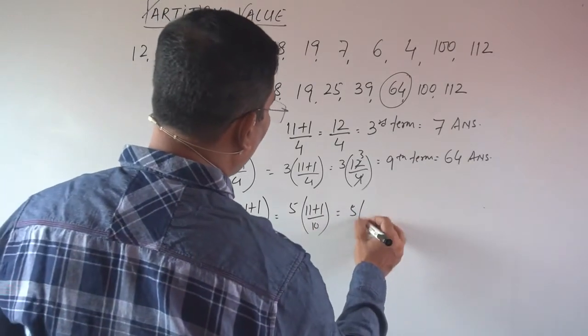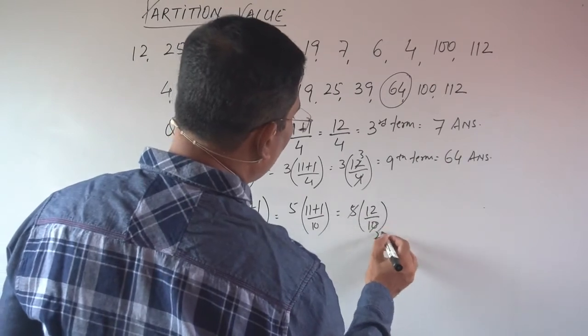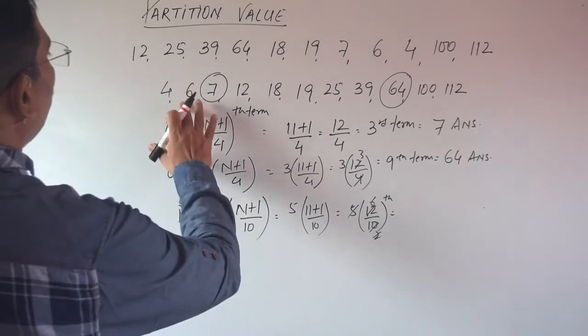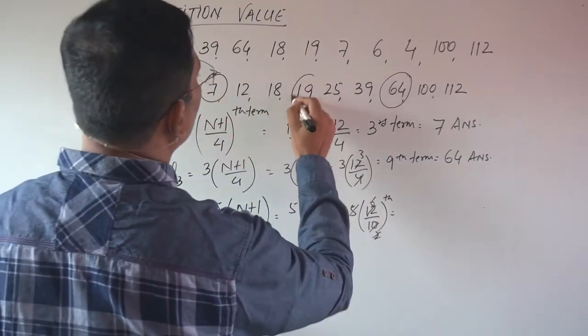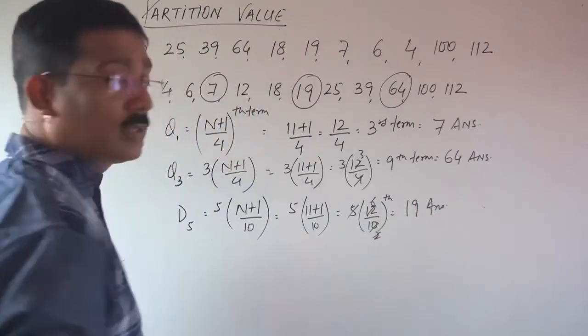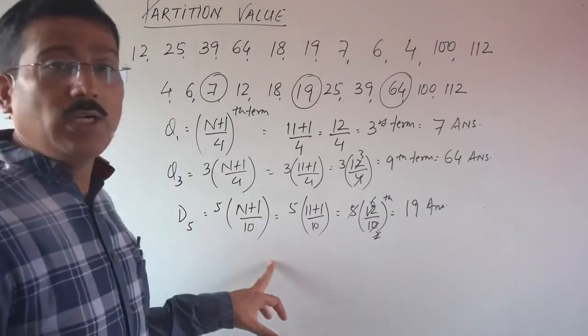So here it will be 5 times 12 upon 10. 5 twos are 10 and 2 sixes are 12, so the sixth term. What is the sixth term? 1, 2, 3, 4, 5, 6. So 19 will be the answer. Very clear?